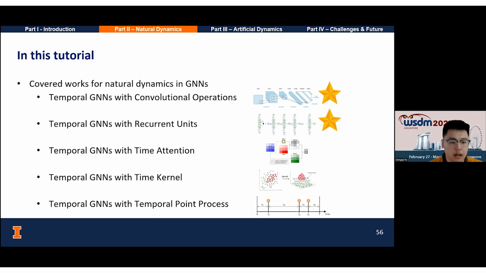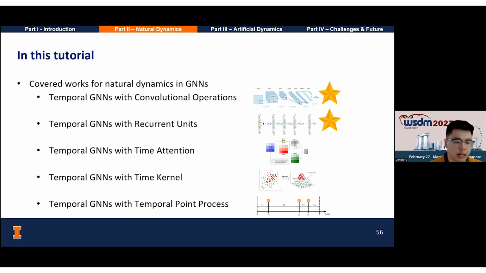After the RNN architecture, we step into the stage of the self-attention mechanism. In the self-attention mechanism, we have the time attention mechanism and also the time kernel functions as part of the attention mechanism.